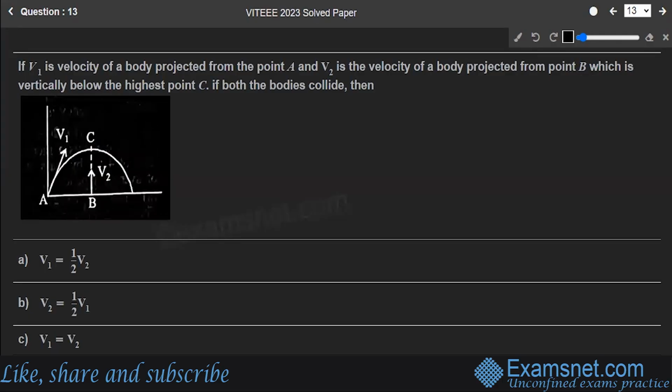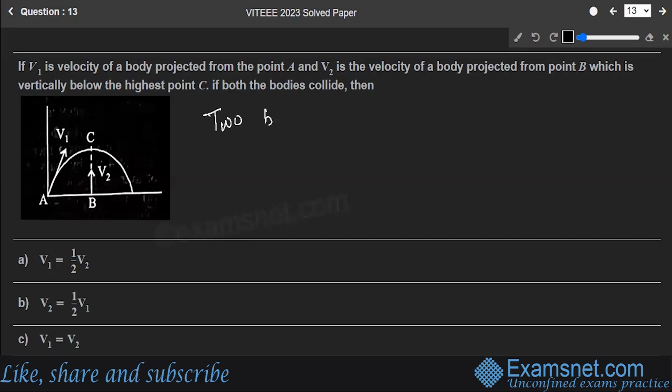V1 is the velocity of the body projected from the point A. This is V1 initially, and V2 is the velocity of the body projected from point B, which is vertically downward from C. If both the bodies collide, then which of the following is true? The two bodies will collide at the highest point if both cover the same vertical height in the same time. Correct, right? Hope you agree with this.